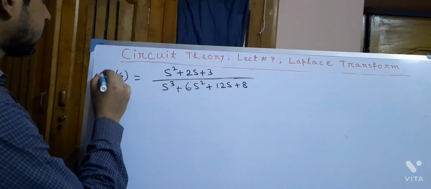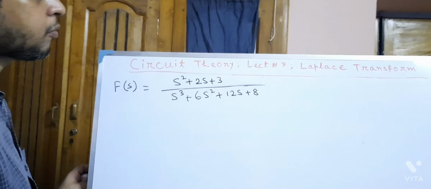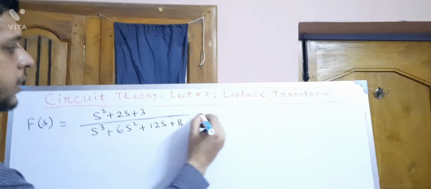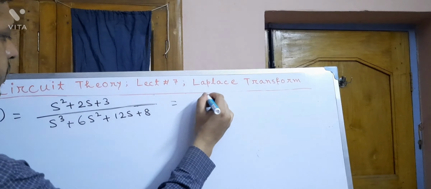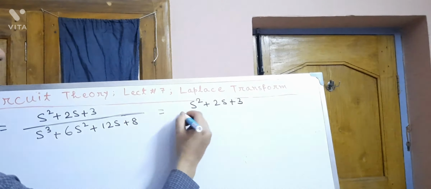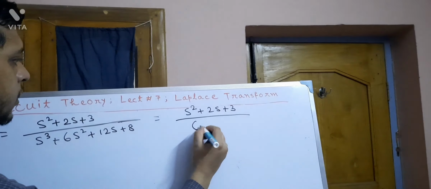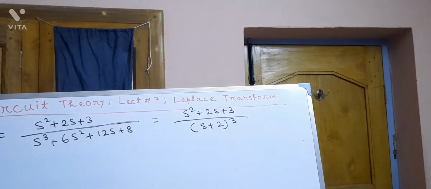Let us determine the inverse Laplace transform of this expression. Now the denominator, we can see, the numerator is s square plus 2s plus 3, and the denominator is (s plus 2) whole cube.